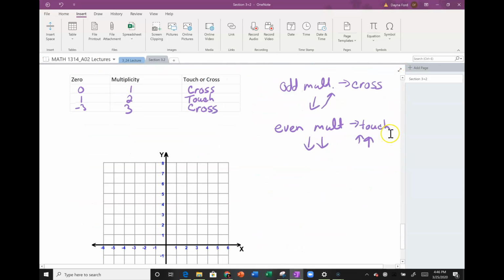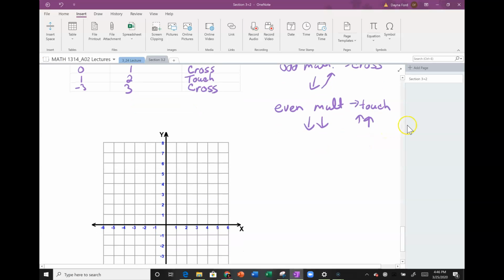So I'm going to come down here and I'm going to go to my zeros and I'm actually going to graph those zeros. So I have a point at 0, 0, I have a point at 1, 0, and I have a point at -3, 0. These are my 3 intercepts, and we said that the end behaviors were that we were going up and up.